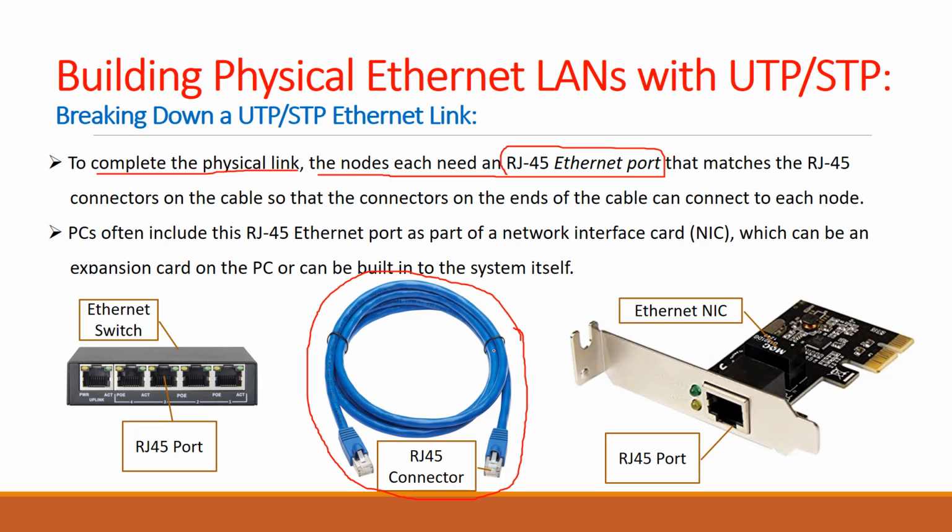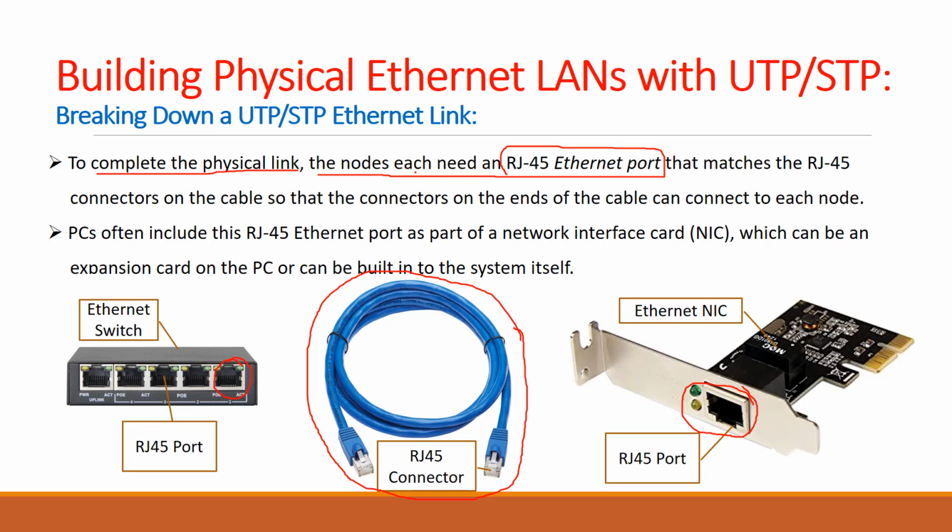The physical link consists of a cable connected to 2 nodes. Let's, for example, connect the cable to this RJ45 switch port, and the other side to a PC with a NIC card, or network interface card, with an RJ45 port. This will complete the link.